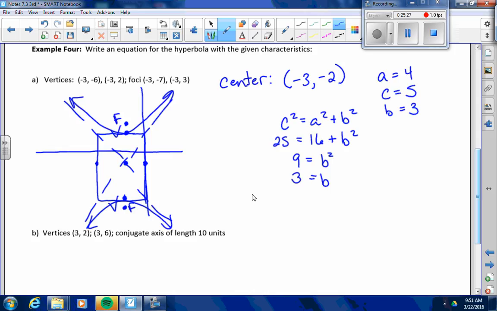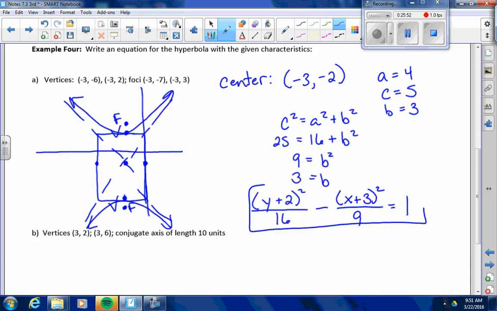So y what? Plus 2 squared over a squared. And which one is a squared? 16. Minus, what's next? (x plus 3) squared divided by what? 9 equals what? Equals 1.